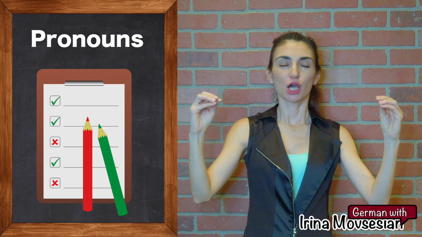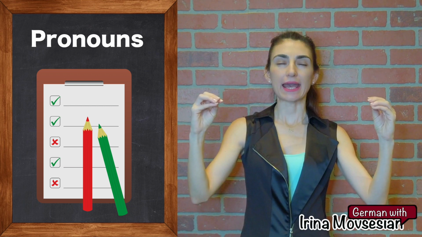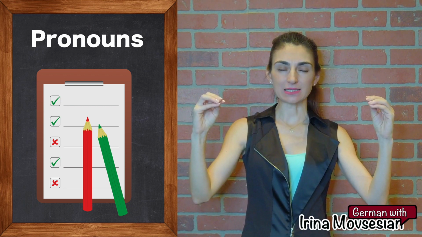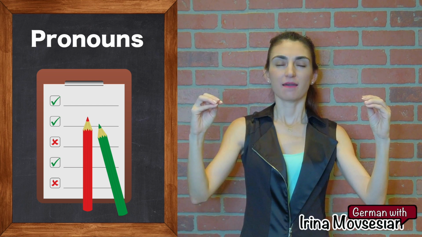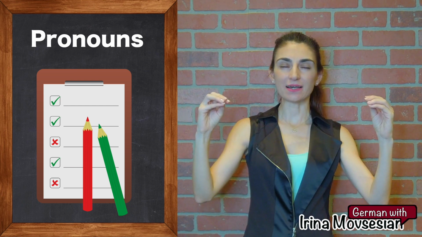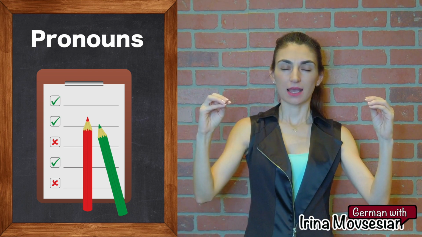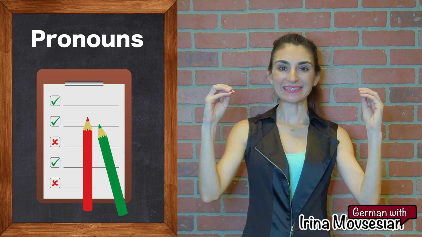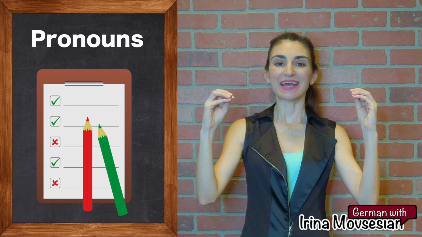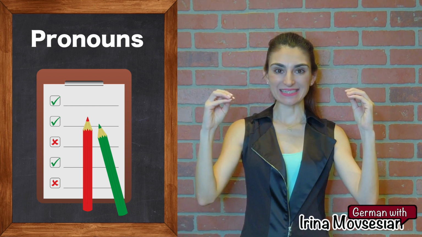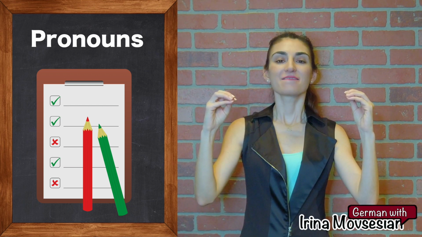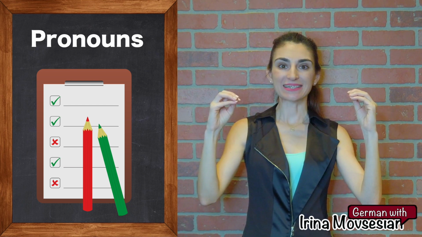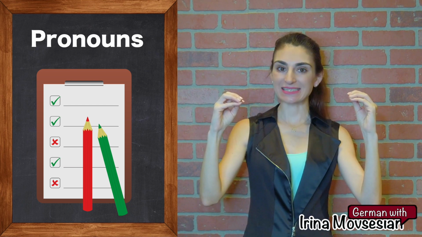Ich, du, sie, es. Wir, ihr, sie, Sie. Let's do it one more time. Ich, du, sie, es. Wir, ihr, sie, Sie.